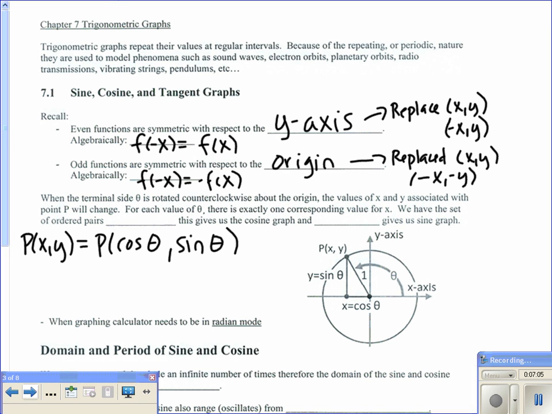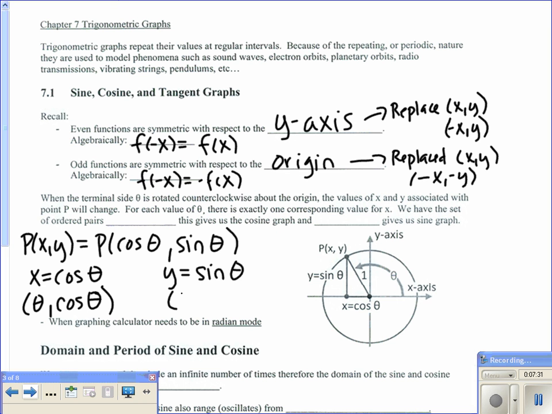Now for this, that means if I do the cosine first, we get x is equal to cosine of theta, and we showed that with the triangle in the unit circle. So for this, that means for my coordinate ordered pair, I would have theta comma the cosine of theta, and that's what I use in order to get my cosine graph. And for the sine graph, I have y equals the sine of theta.